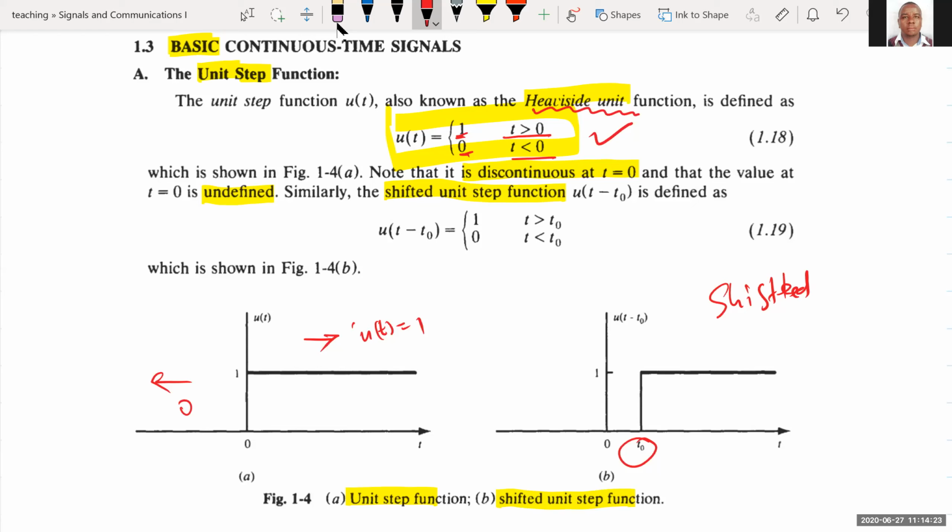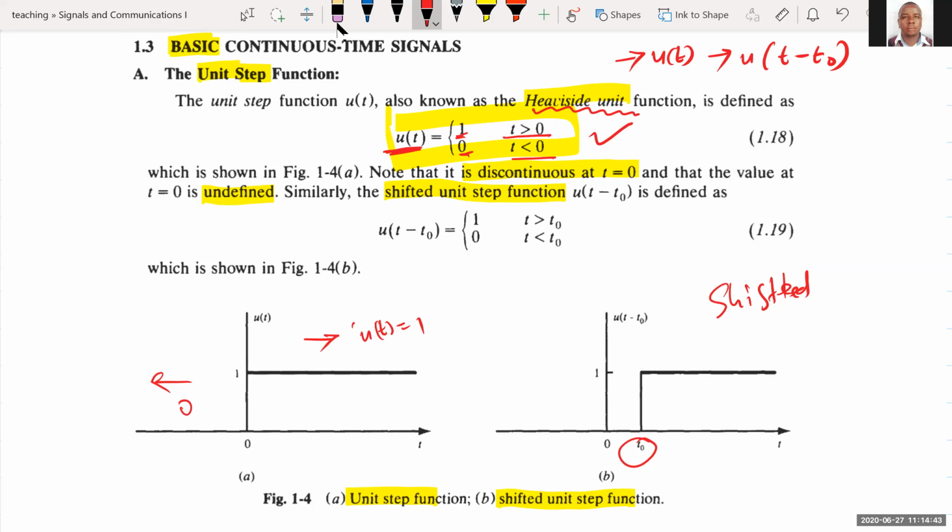The symbol used for the step function is u(t). So you need to get used to it: when you see u(t), a function of t, that is shifted, then you can always know that that is a step function or unit step function.